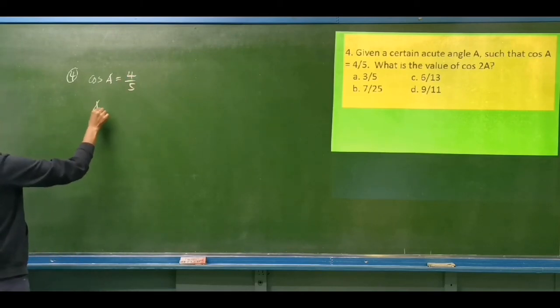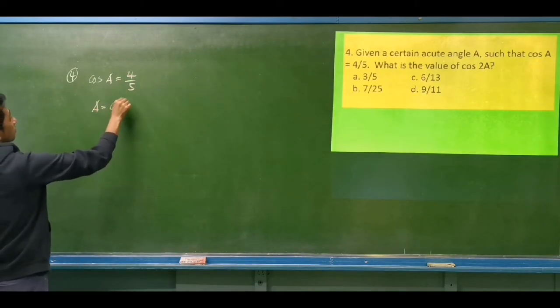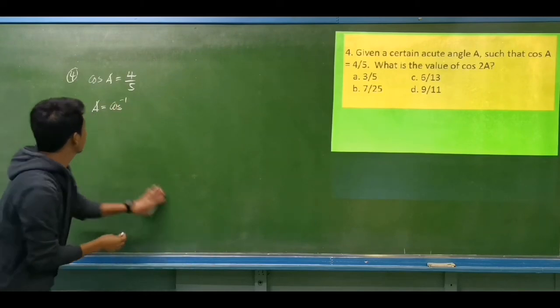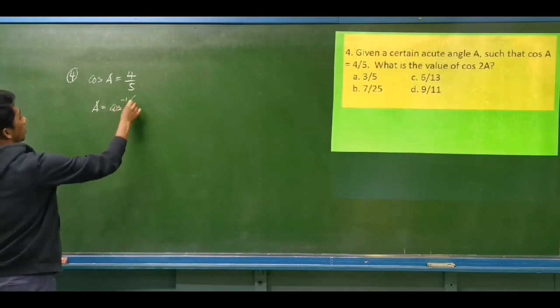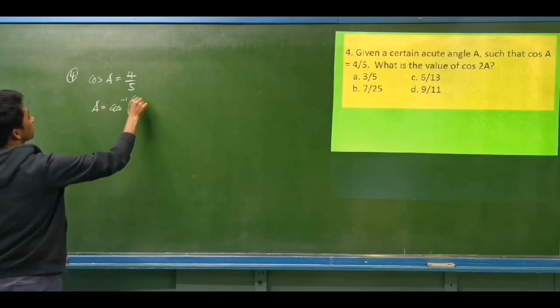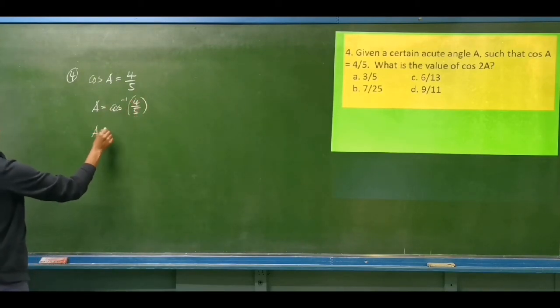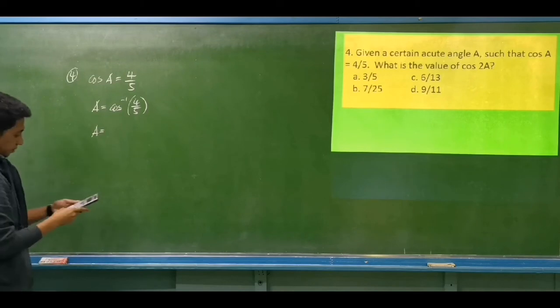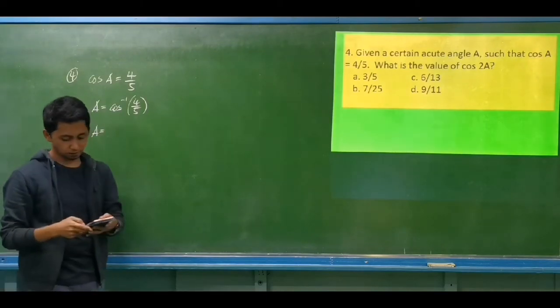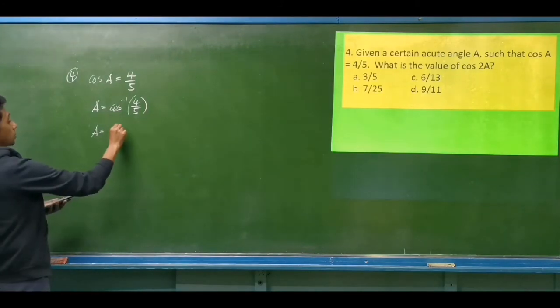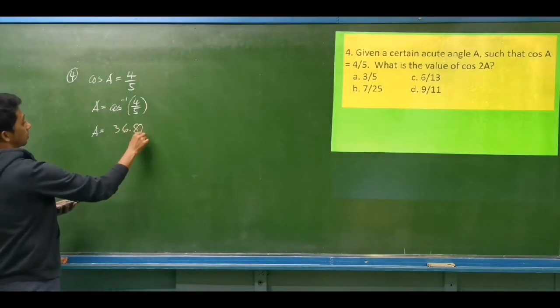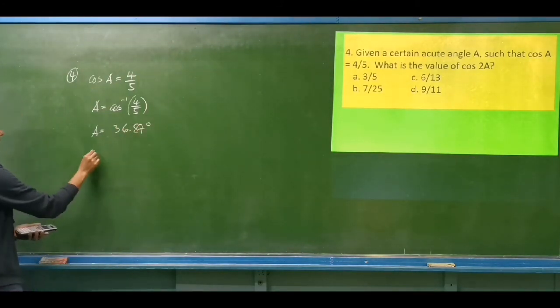Kung mawali natin yung angle A, this is shift cosine of 4 over 5. So we have angle A is equal to shift cosine of 4 over 5, which is 36.87 degrees.